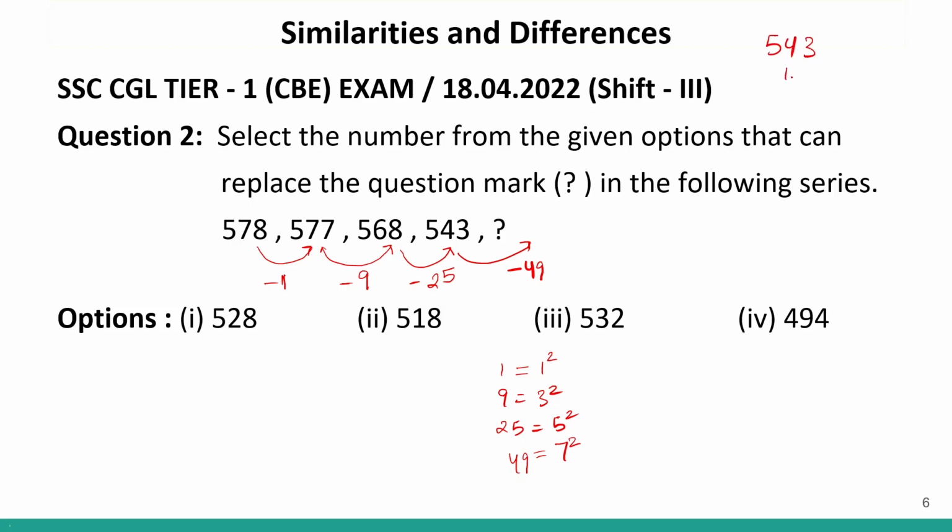If I decrease 49 from 543, I'll get 494, which is option number 4. So 494 will be my answer to this question.